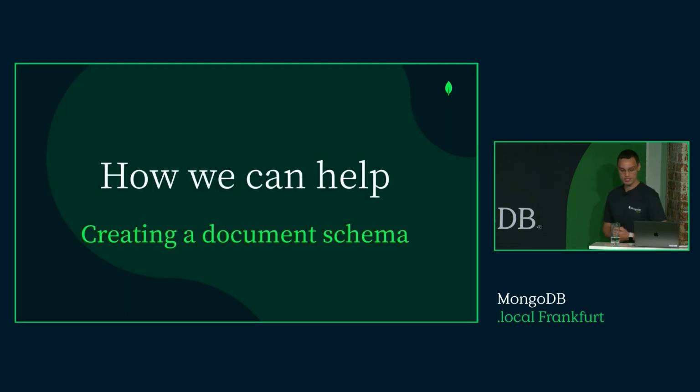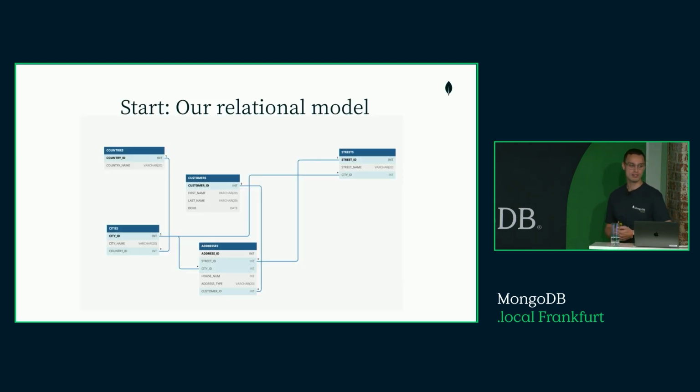The other thing is creating the document schema. Let's see how you can create a document schema on a very simple use case. I have prepared a relational model of a customer database. We have a customer table with customer ID, first name, last name, and address information.